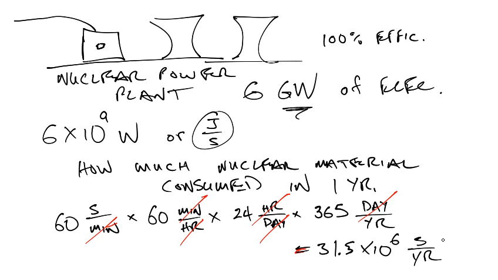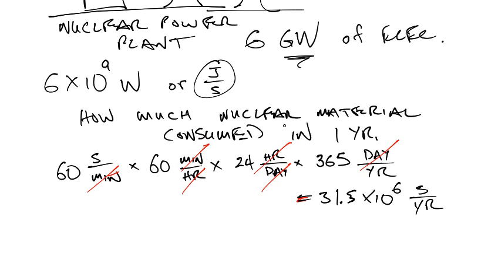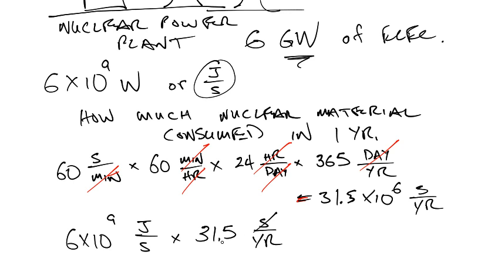Okay, now that we know how many seconds per year, all we need to do now is multiply these two numbers together. 6 times 10 to the power of 9 joules per second multiplied by 31.5 times 10 to the power of 6 seconds per year. And of course, the seconds cancel out.